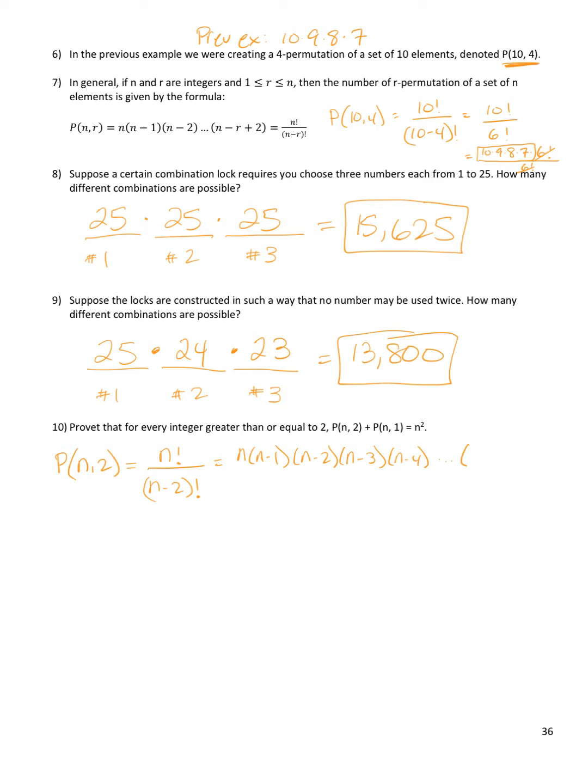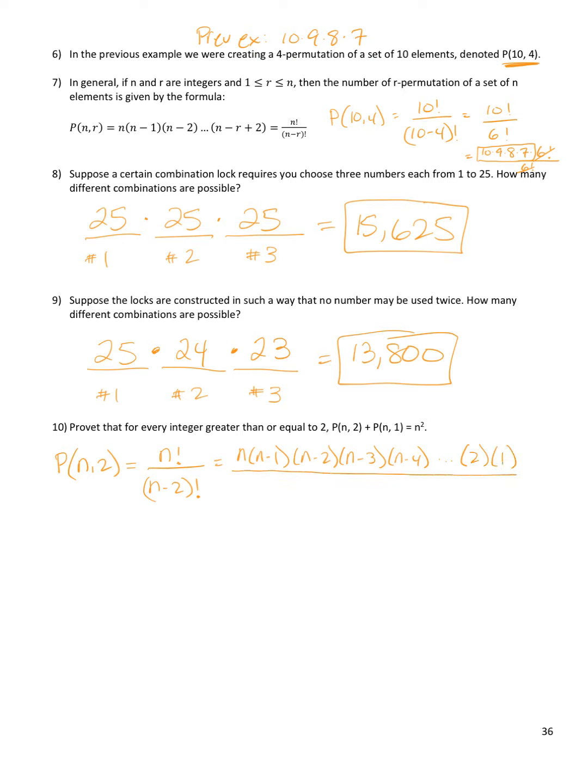And you just keep going. You keep taking 1 away from whatever n is. Like if n were 10, then this would be 10 times 9 times 8 times 7 times 6. And I would keep going until I got to times 2 times 1. And then n minus 2 factorial, you start with n minus 2 and you keep decreasing by 1. That's what factorial means.